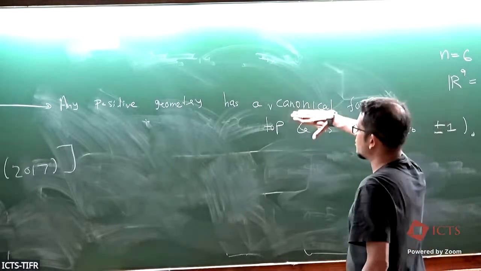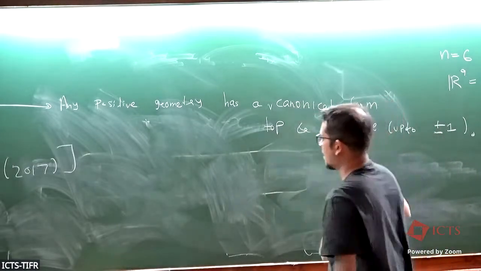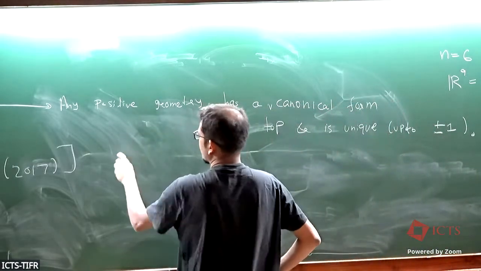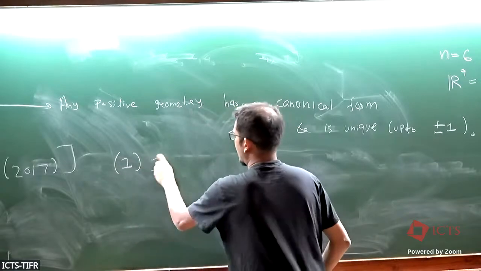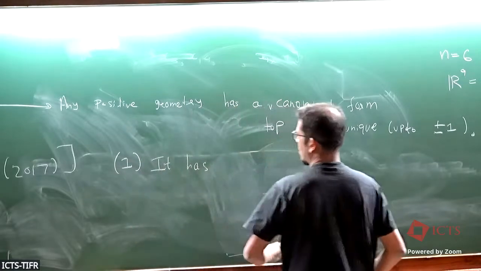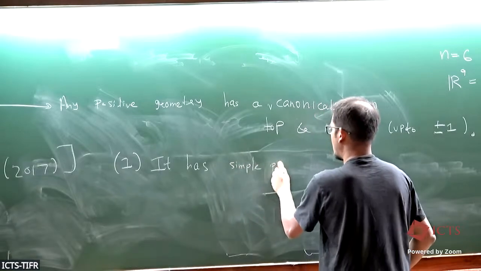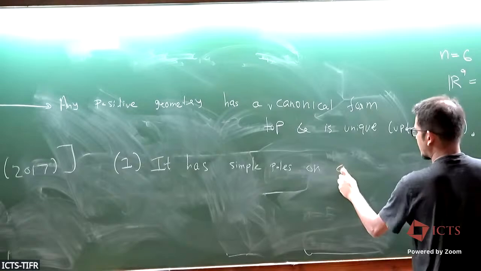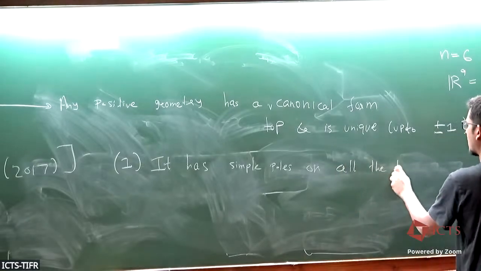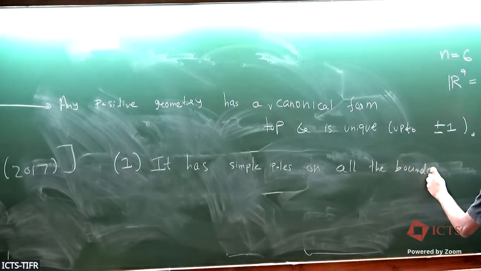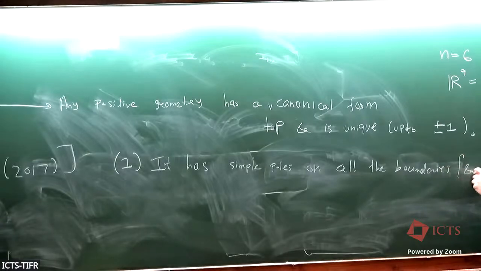And this form is unique because it satisfies the following property: it has simple poles on all the boundaries and nowhere else of the positive geometry.